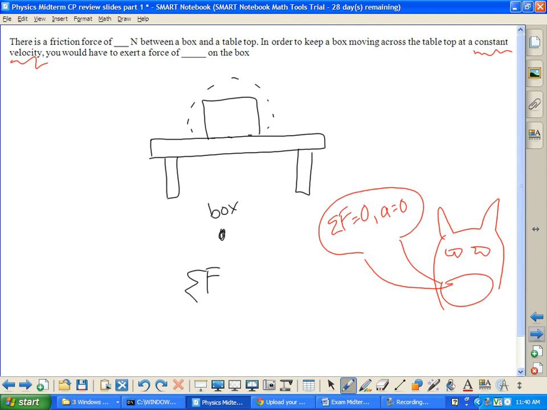You have to do 4, because the total force equals the mass times the acceleration. So when acceleration equals 0, the total force equals 0.